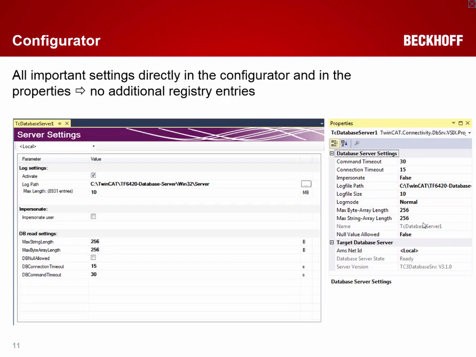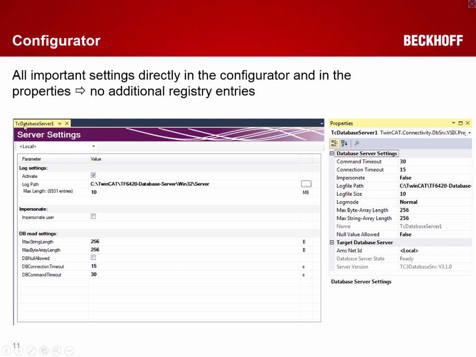If we set up such a project, then we have at first the server settings. It is realized in two ways. For those who know the TwinCAT Database Server for several years, we designed it in an editor window here.